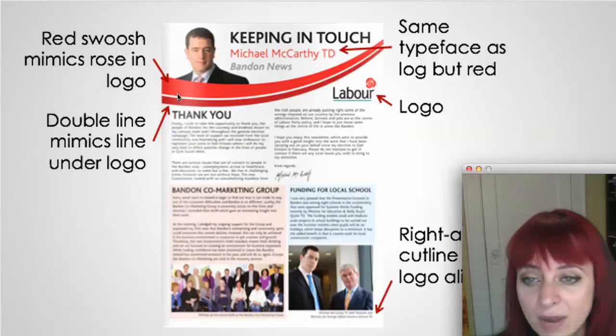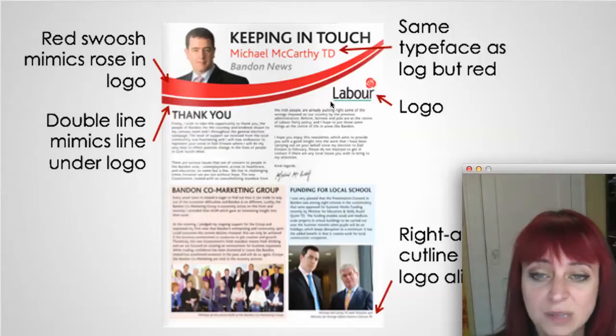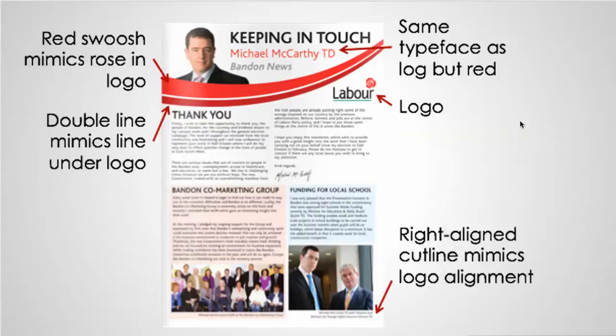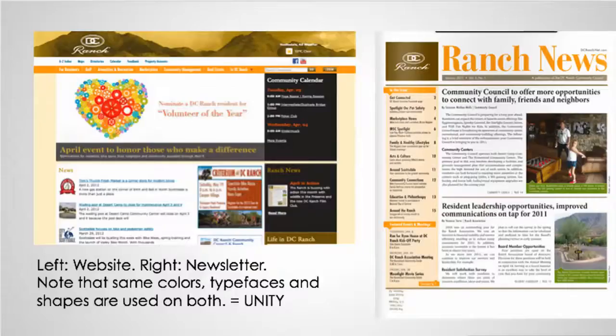The double line right here is similar to the line on the logo, so they've put this white line through the swoosh. And the logo is aligned right, so the line, the name, and the flower all line up on the right. So they've put right alignment under the cut lines because that's what the logo is like.